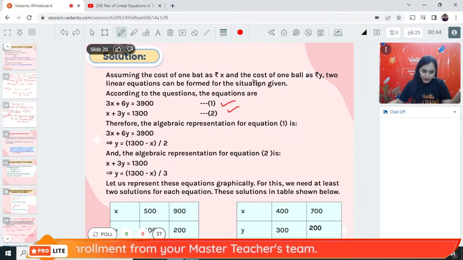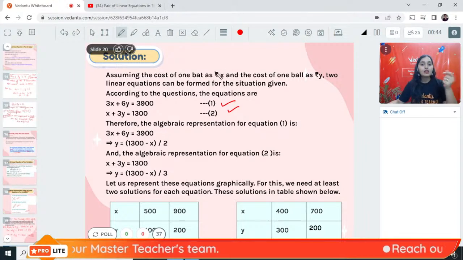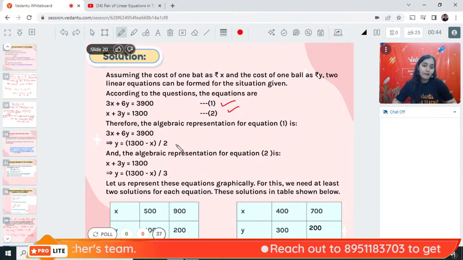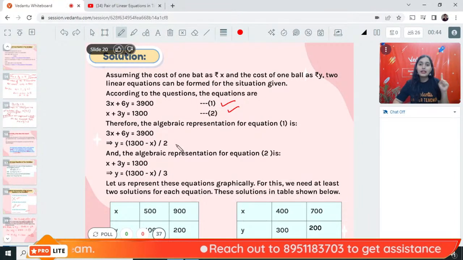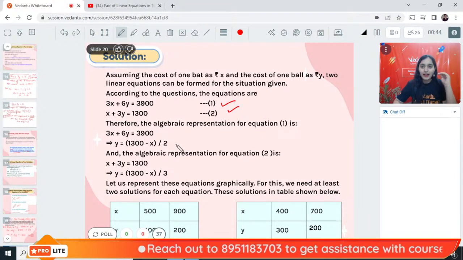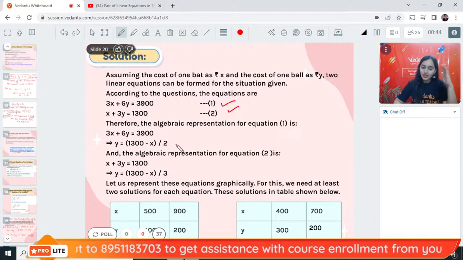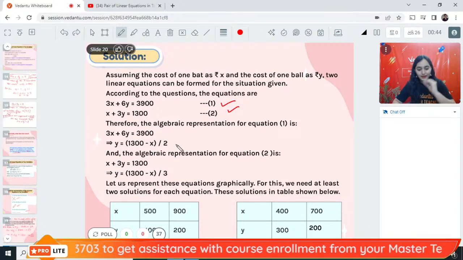Now, what we are going to do is plot the graph for the two equations. Now, how to plot the graph? Do you all remember, in class 9th we have already learned how to plot a graph of a linear equation of one variable and of two variables. It is very simple.